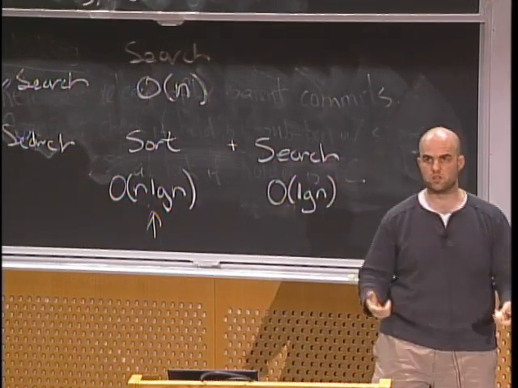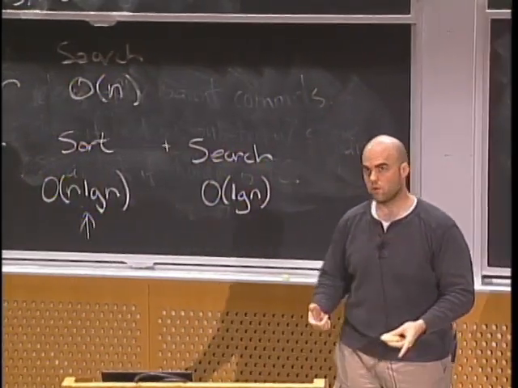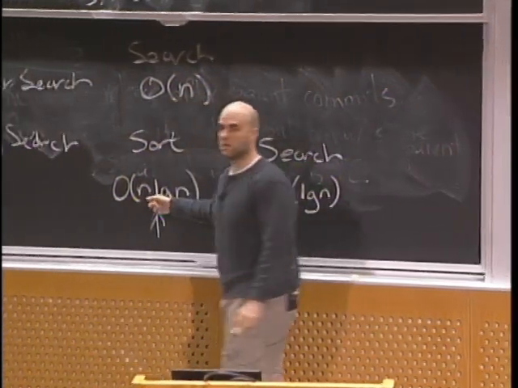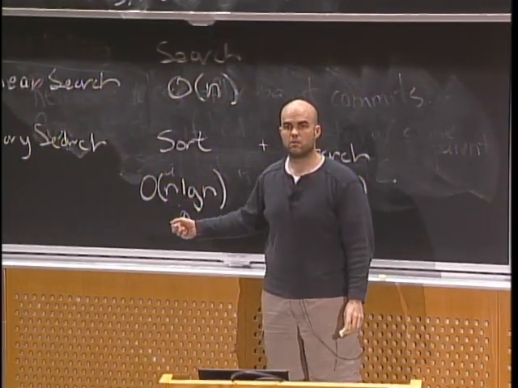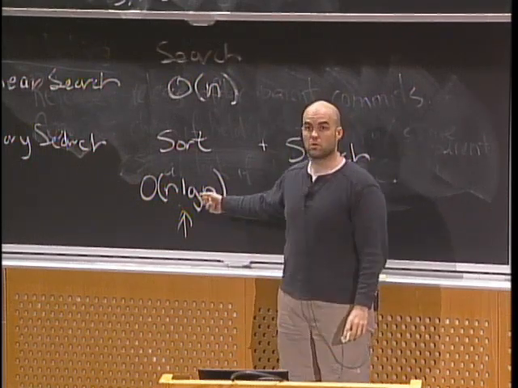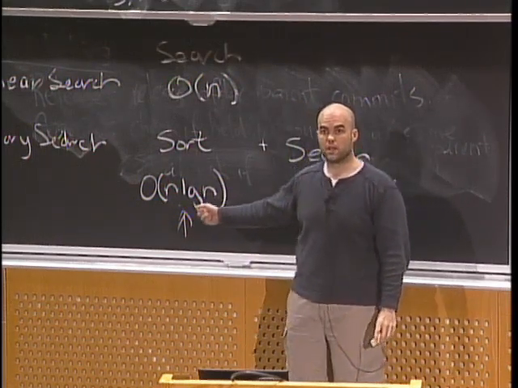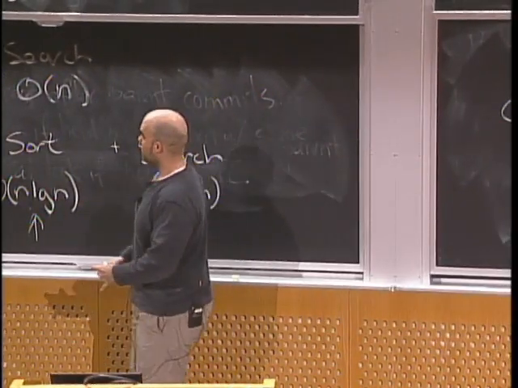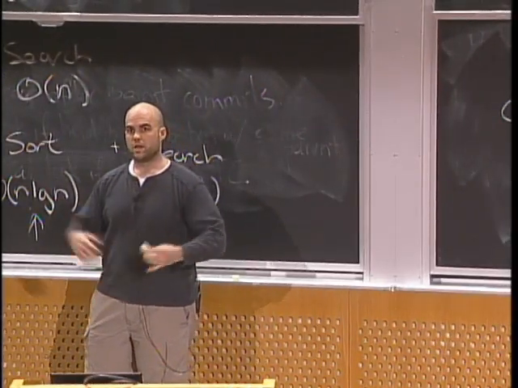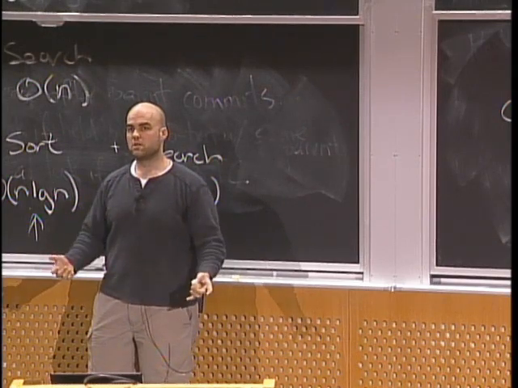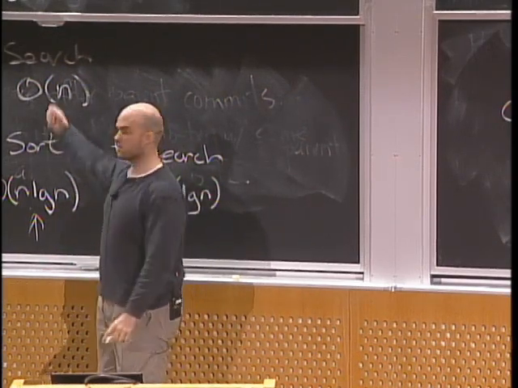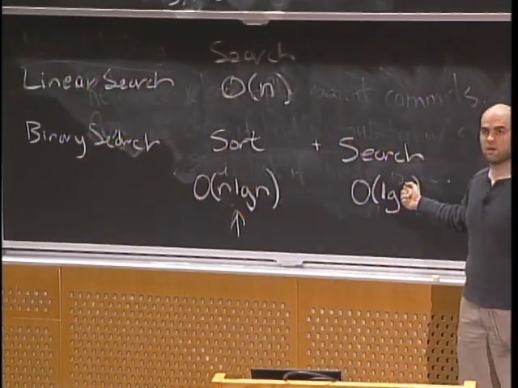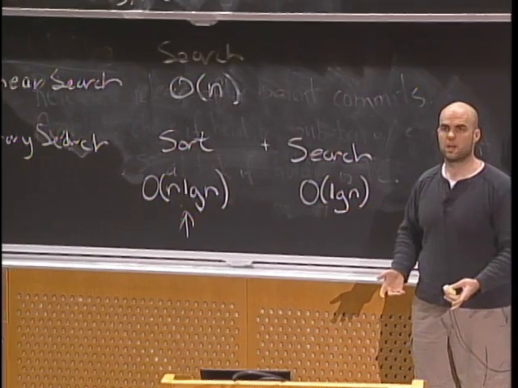But let's say that I'm going to do 1,000,000 searches, right? Now it might behoove me to actually sort this first, because I only have to sort the list once, and then I can do as many searches as I want. So in the grand scheme of things, if I'm doing 1,000,000 searches, then linear search is a really poor choice, and binary search would be my best option.